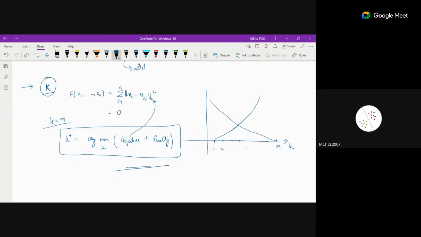When you take the addition of these two functions, you will have something like this. And whatever K makes this objective plus penalty the least is the K that my algorithm will select. That is what is being discussed.